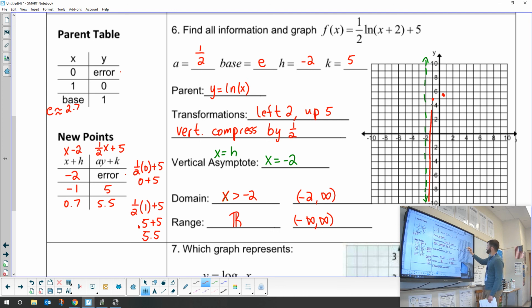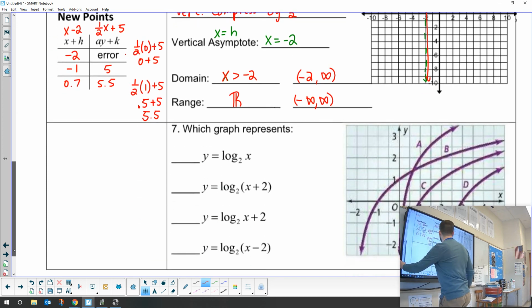That was not very well drawn. Let's try again. Hug this asymptote, catch those 2 points, and go on off to the right. Okay? So all of these things are great things to keep in mind.